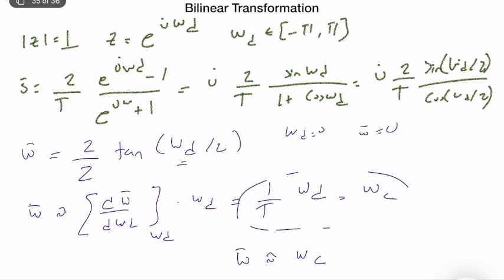Okay, why will this be important? It's because when designing digital compensators, instead of designing the compensators in the Z domain, we will go back to the S bar domain. And doing this, it's important to keep track of the frequencies. We will design our lead or lag compensators just assuming our controller and system are continuous.